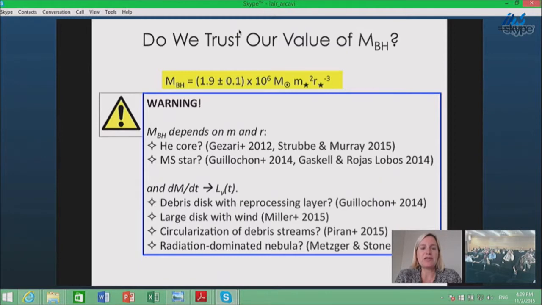And so if you're going to trust this black hole mass, first you need to think about if we understand what type of star was disrupted. I'm going to talk about the spectroscopic properties in a second, but you're going to get a different black hole mass depending on whether you think this was a helium-rich core of a stripped red giant, for example, or if you think it was just a main sequence star.